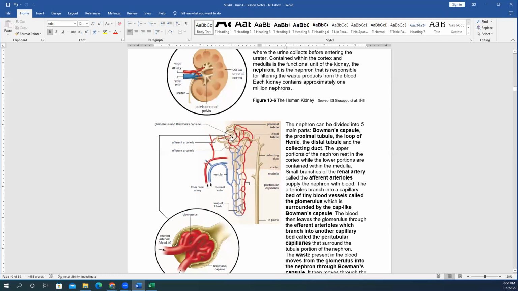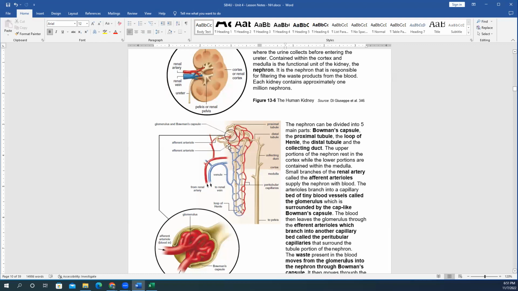And the glomerulus is surrounded by this Bowman's capsule. As we say, it's this cap-like structure. And then the blood leaves this glomerulus through the efferent arteriole.